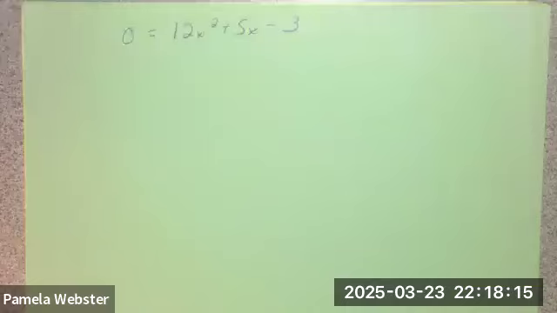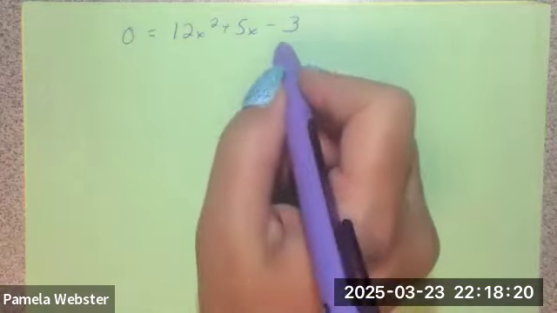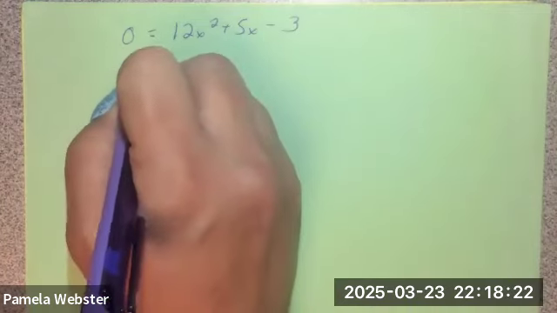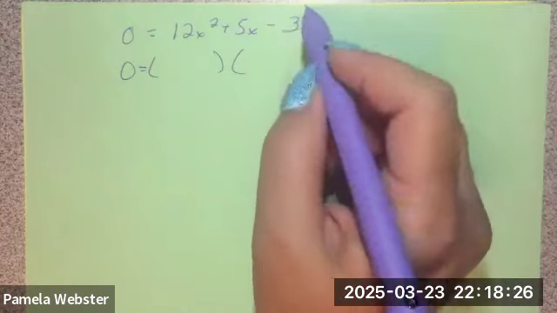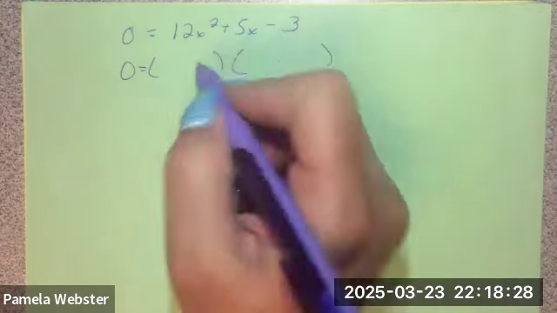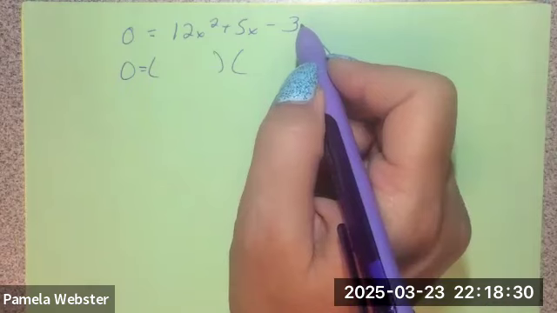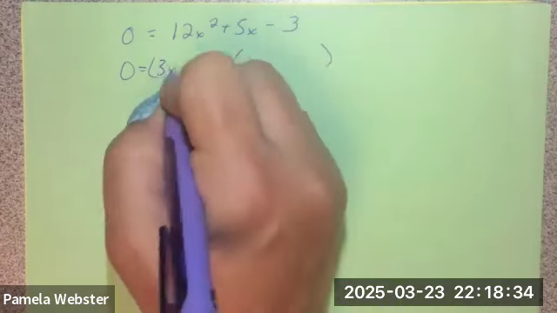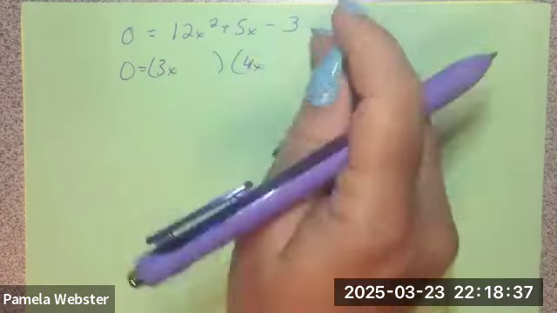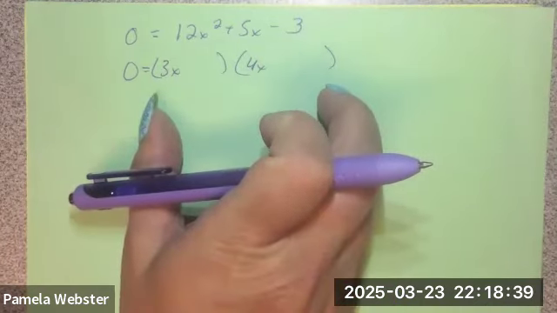Yep, minus 3. Making sure it's a minus sign in there. Okay, and then here I think this guy will hopefully factor. Factors of 12, it's going to take me a minute. You might want to do AC or the box method. 3x and 4x. Let's think about this.